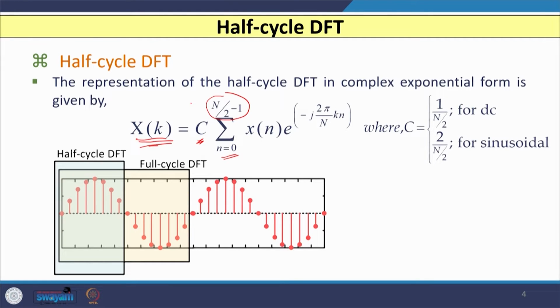In full cycle DFT this limit varies from 0 to N minus 1, whereas in half cycle DFT it varies from 0 to N by 2 minus 1. Similarly, the value of C is 1 by N for DC and 2 by N for sinusoids in full cycle DFT. In half cycle DFT, the value of C is 1 divided by N by 2 for DC and 2 divided by N by 2 for sinusoids.